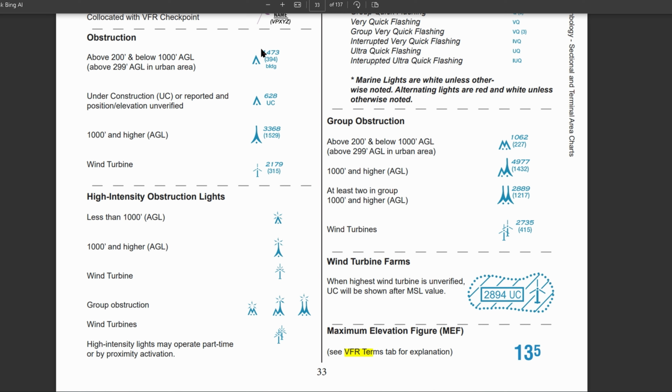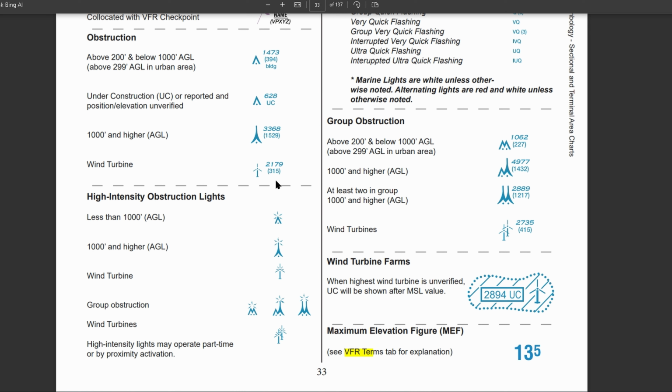And remember, obstructions are on the ground, so you can think of them as being measured in above ground level, not MSL, which is mean sea level. If it's under construction, it's going to be the same symbol, except it's going to have a UC next to it. Now that's for 200 to 1,000 feet AGL. If it's 1,000 feet and higher AGL, it's going to be a bigger, skinnier, taller triangle. That's what it's going to look like, basically.